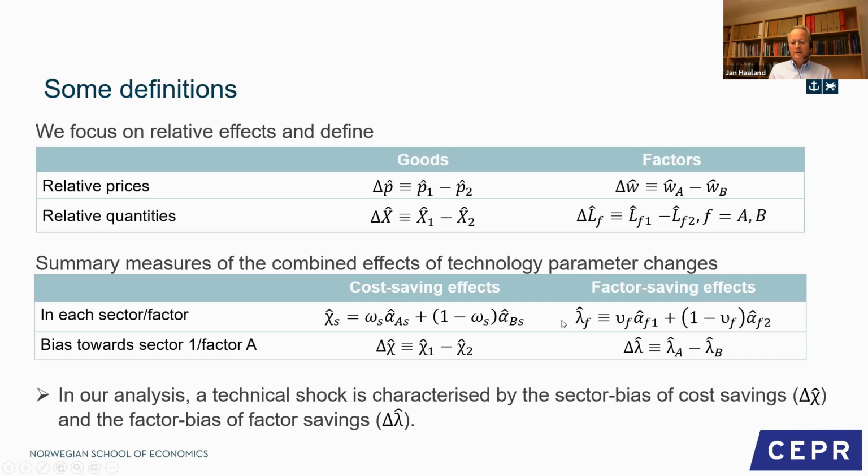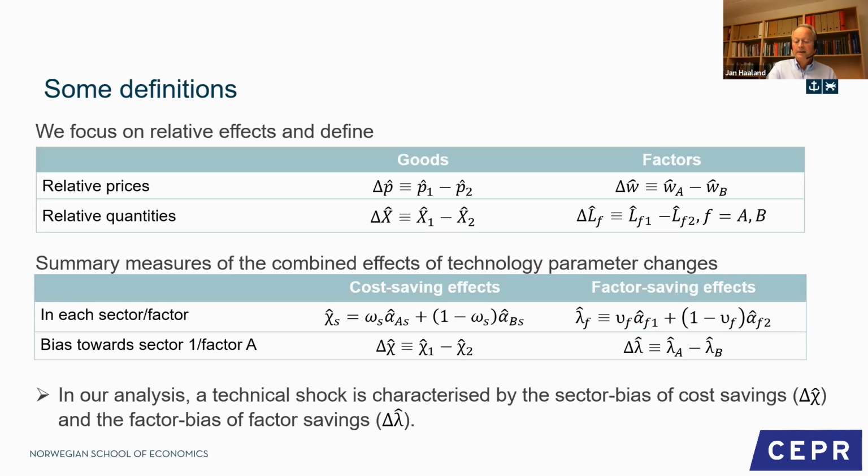On the factor saving side, lambda F is the factor saving effect of factor augmentation. So it's a weighted average of the factor saving effects in the 2 sectors. And delta lambda hat is the factor bias of any combination of technology parameter changes.